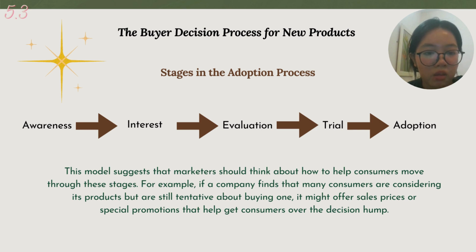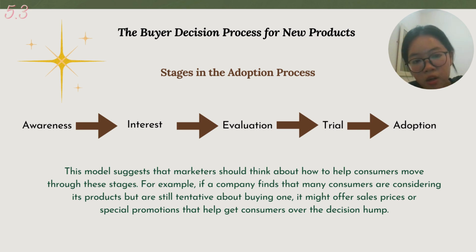The next one is trial. The consumer tries the new product on a small scale to improve his or her estimate of its value. And the last stage is adoption. The consumer decides to make full and regular use of the new product.